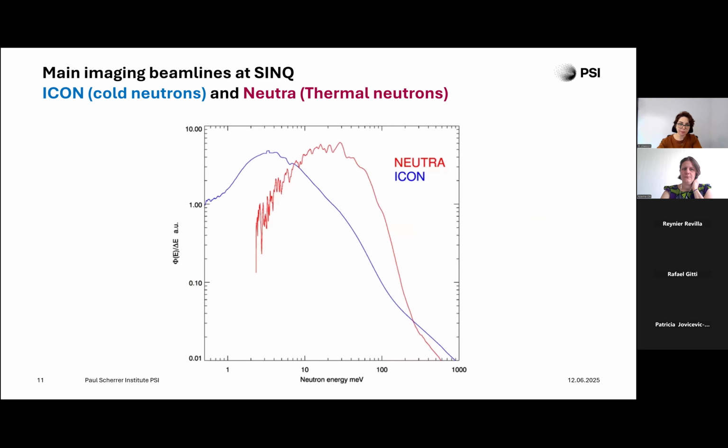And their spectra also mirror their cold versus thermal nature. So as you can see, Icon's spectrum is shifted to lower energies, as we said, cold neutrons, while Neutra peaks at higher room temperature energies, thermal neutrons.